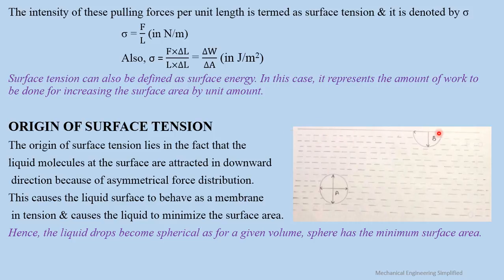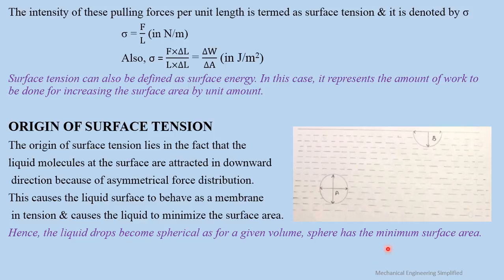So it acts like a membrane in tension, and due to this it looks as if these forces are trying to minimize the area of the liquid. Hence, the liquid drops become spherical, as for a given volume a sphere has the minimum surface area.